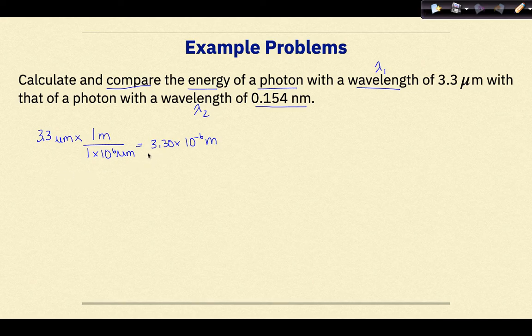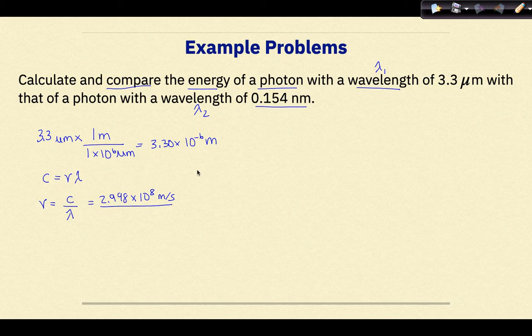So I need to take that wavelength, and using the formula, speed of light is equal to frequency times wavelength, I'm going to rearrange this so it is frequency is equal to speed of light over wavelength. And my speed of light is equal to 2.998 times 10 to the 8th meters per second.